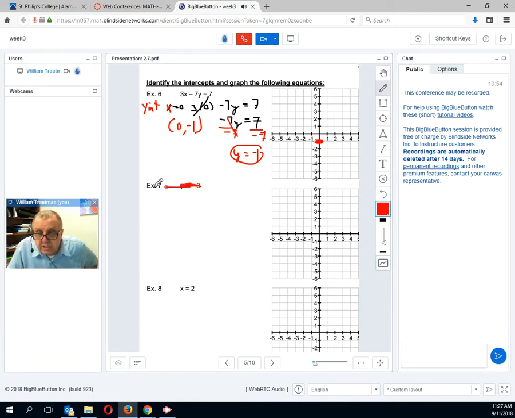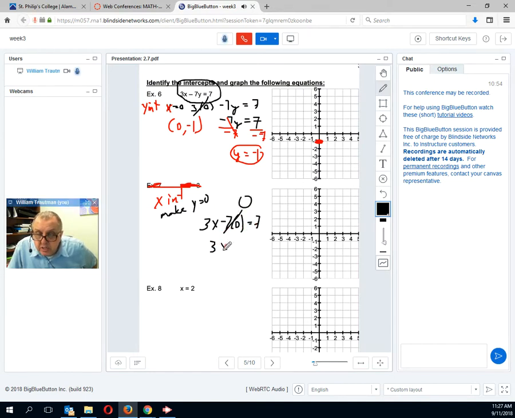We're going to keep on going. Now I'm going to do the x-intercept for this problem. For the x-intercept, make y equal to 0. So I have 3 times x minus 7 times y, make it 0. Well, 7 times 0 is 0.